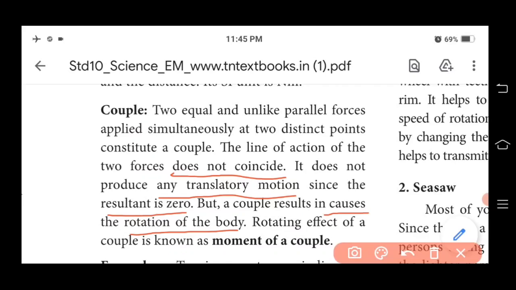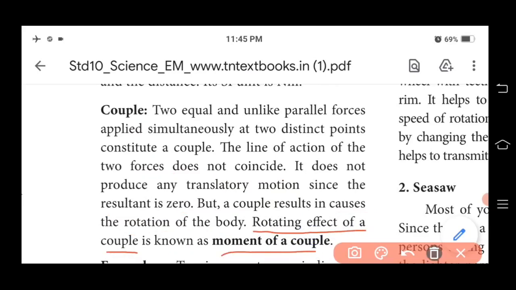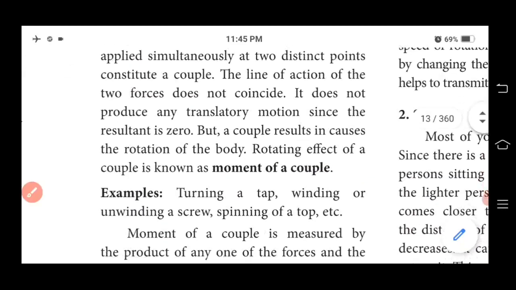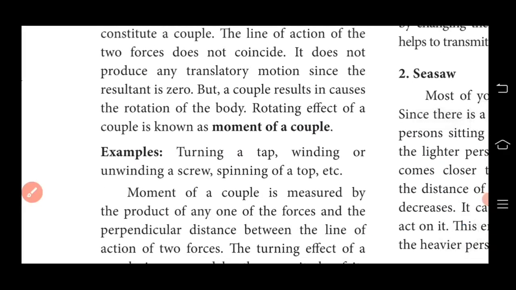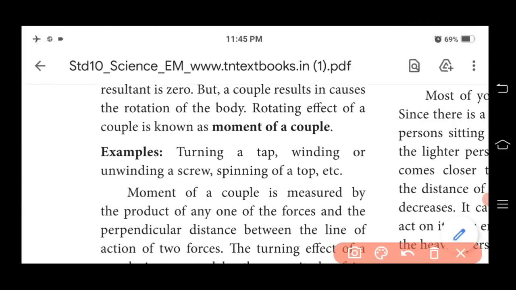The rotating effect of a couple is known as the moment of a couple. Examples: turning a tap, winding or unwinding a screw, spinning of a top, etc.